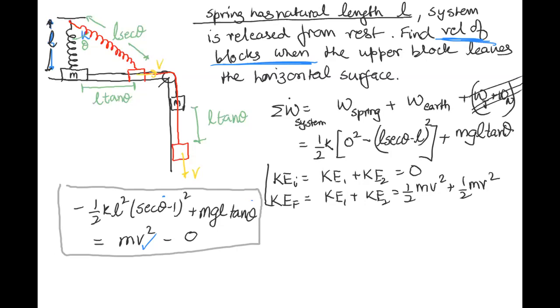What is leaving, and what does this mean? If this object leaves the horizontal surface, let me just draw the free body diagram of this object. So we have mg acting here, we have tension T acting here, we have a kx acting here.